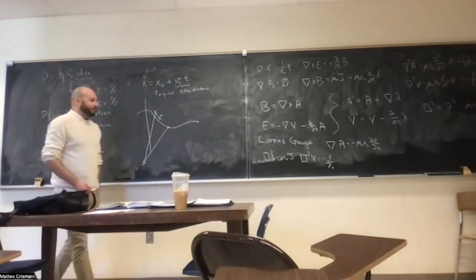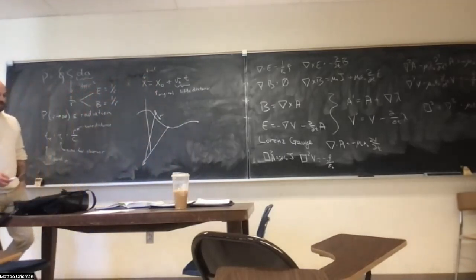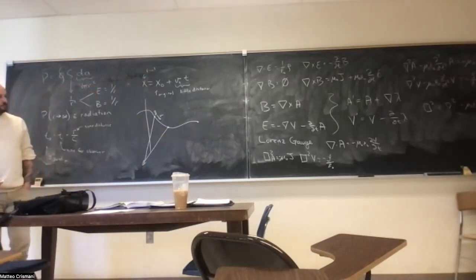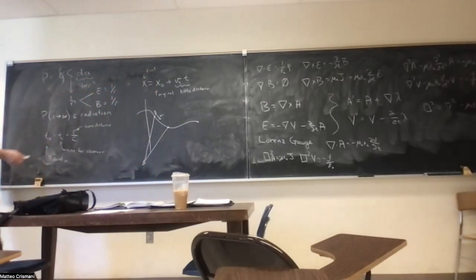So now the first question you may have is about the retarded potentials, and then I went on a tangent about that. What we're going to be doing here is we need to combine these two pieces of information.